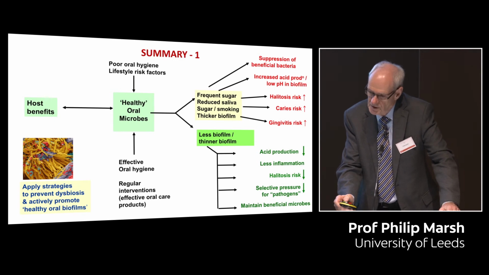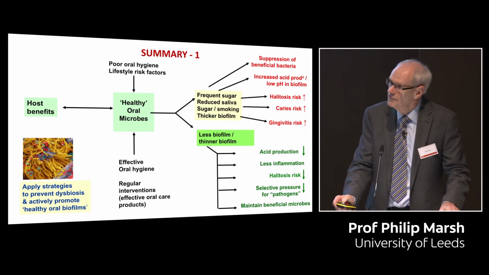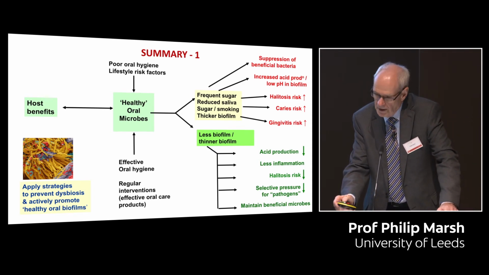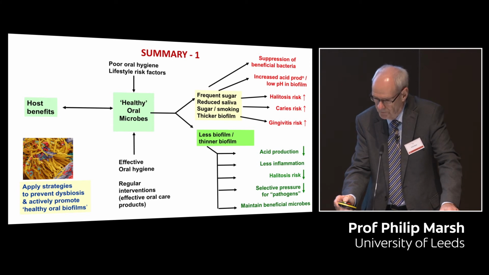And this increases the risk of caries and gingivitis because we have increased acid production. The biofilm spends longer in conditions at low pH. It is far more likely to be inflammatory. And also these conditions suppress the growth of the beneficial bacteria.